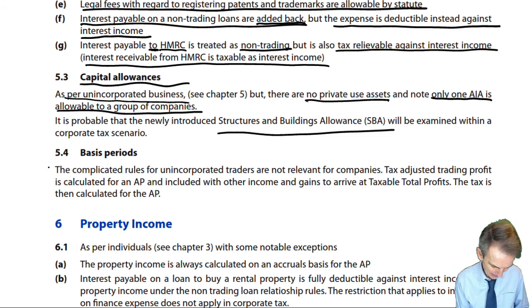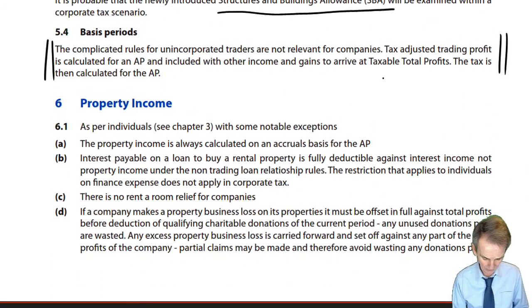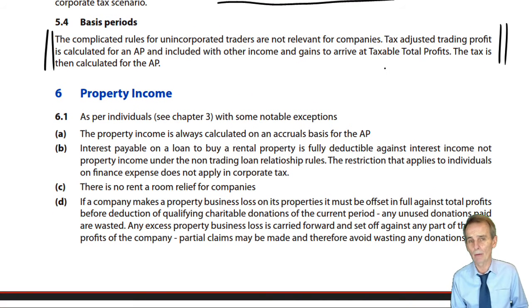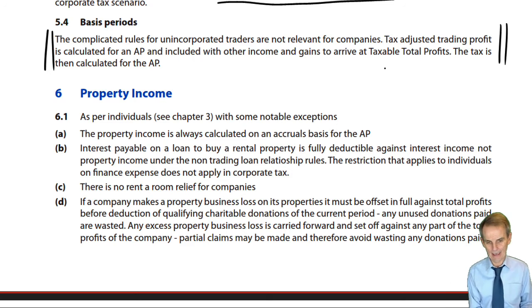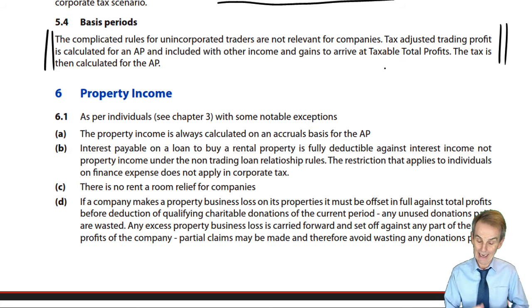And what that means is we don't have any of the problems that we saw and no doubt you agree to be problematical, about Chapter 6 of how do we relate for the unincorporated trader the tax-adjusted trading profit of an accounting period, an accounting period end chosen by that trader.